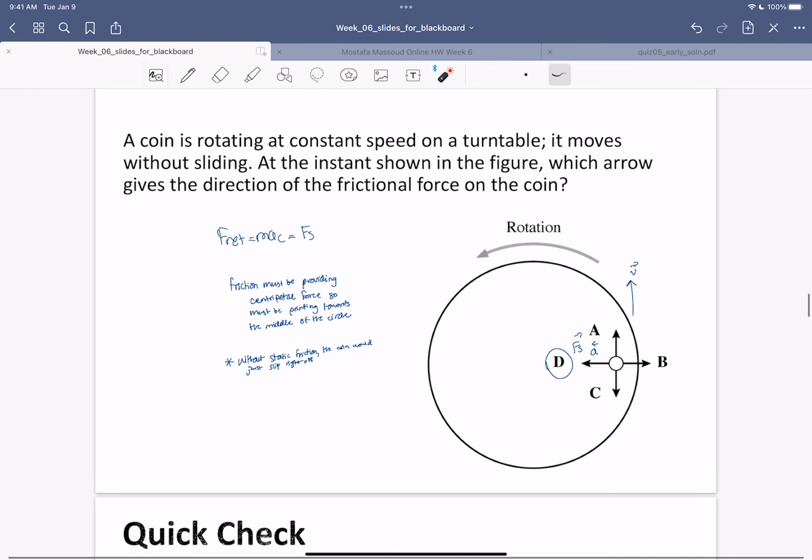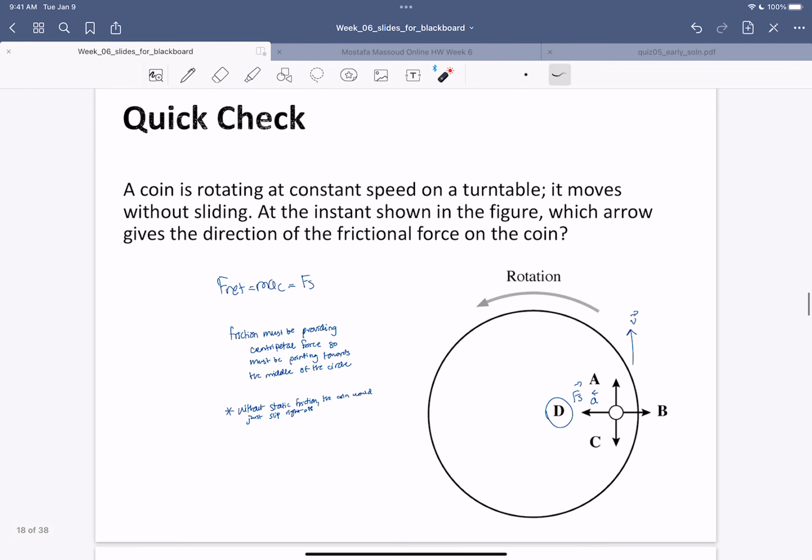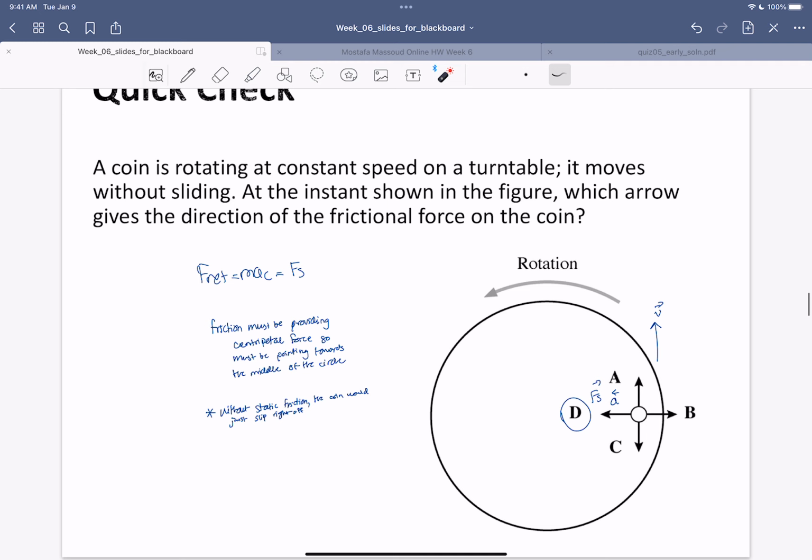But yeah, with this type of example here, now think about a coin rotating at a constant speed. Constant speed means that we have uniform circular motion, right? Now it moves without sliding.